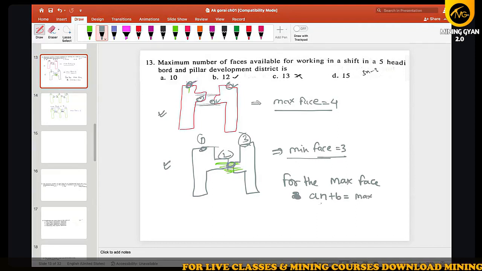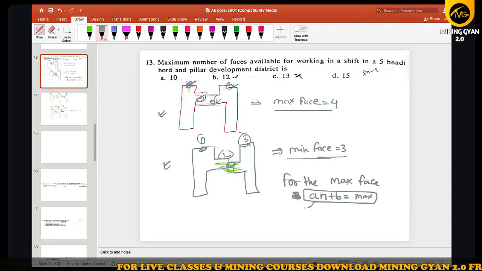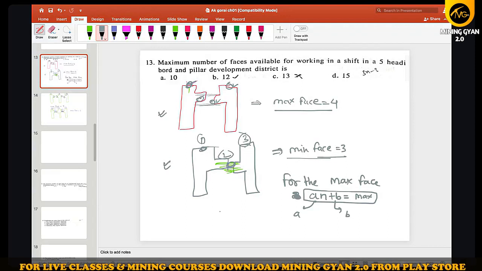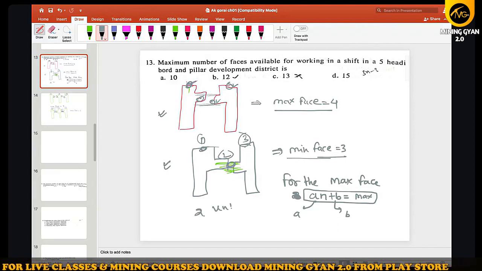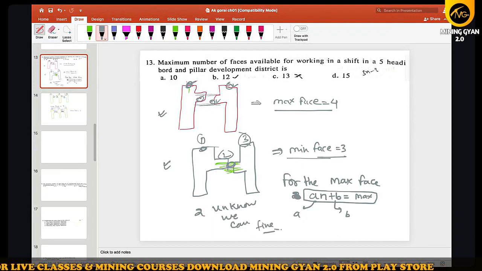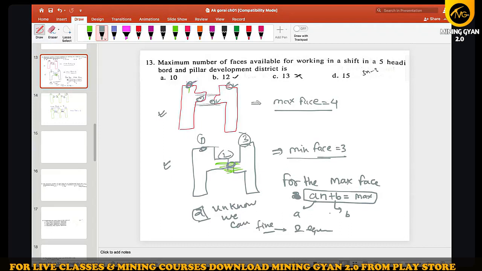Okay, let this be the formula. So we have to find out the values of a and b. If you want to find two unknowns, then you need two equations.